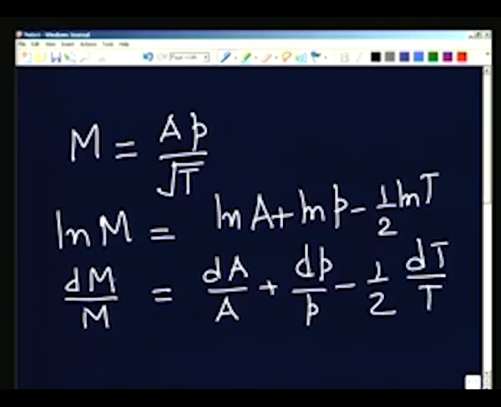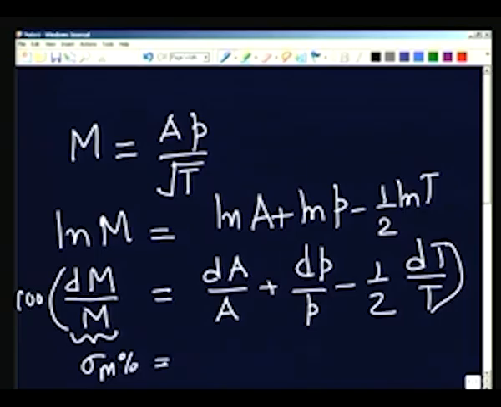So, in fact, we can look at dm as sigma m, dA as sigma a, dP as sigma p, dt as sigma t, or dm by m as percent. If you multiply throughout by 100, for example, here, this will be the sigma m percent, this will be sigma a percent. While writing this step, I am going to use the error propagation formula.